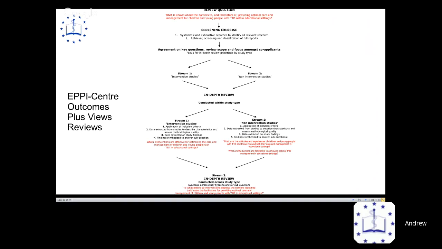It's true to say that ways of bringing together quantitative and qualitative information were fairly primitive in the beginning, and what you would often do would be to do the two processes separately, so intervention studies and non-intervention studies, or views studies, attitude studies, and then you would look at the two reviews and bring them together in a third review, as in this particular slide.